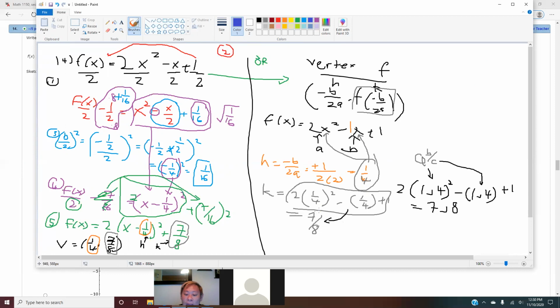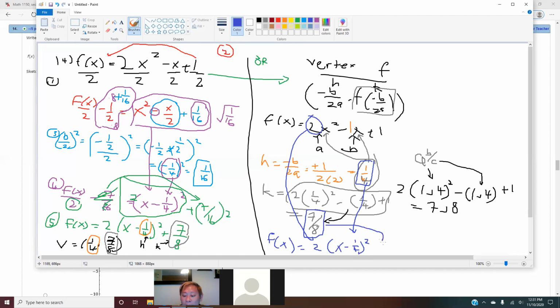So once you get your H and your K here, then you can write this as your standard form. f(x) equals a. Now, what is your a here? Your a is this a. Remember the a that you have early on? That's your a. So that will be 2, (x minus h), this is your h, 1 over 4, squared.